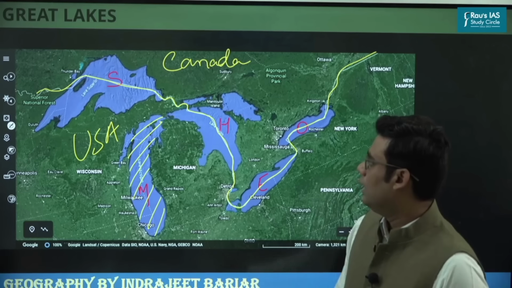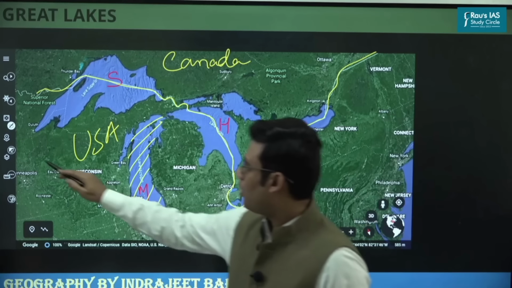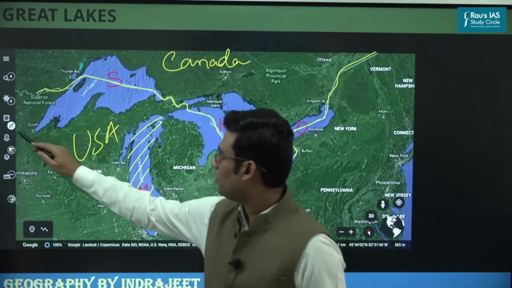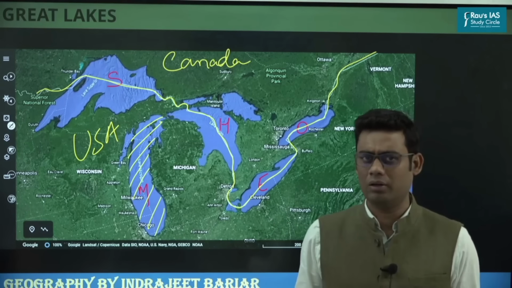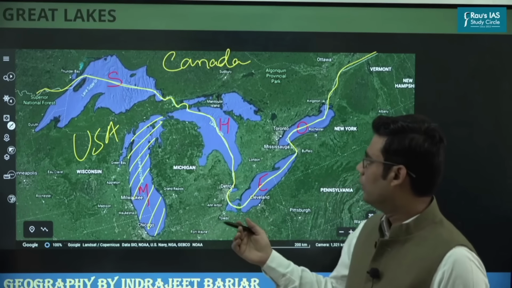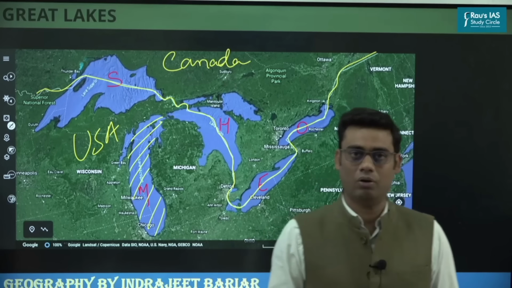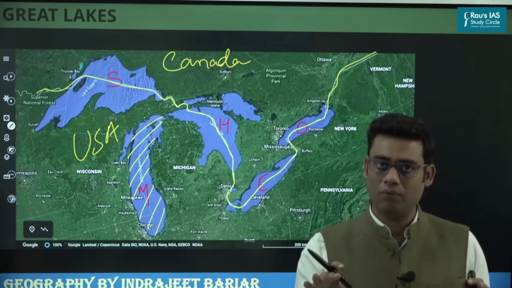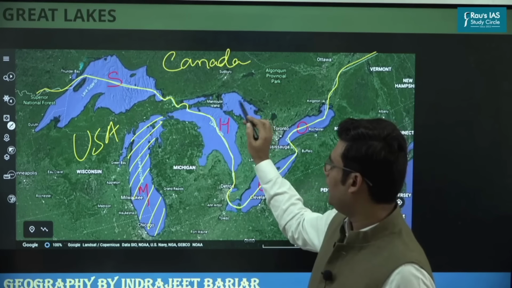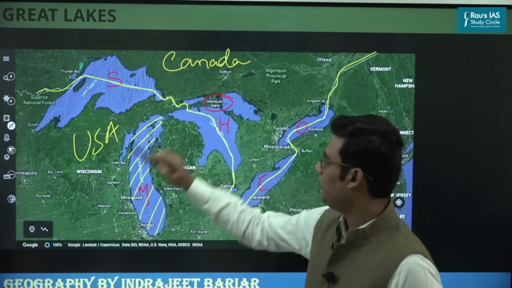Then comes Lake Huron. About Lake Huron, the important idea: Lake Huron is again a huge lake, and the most important idea is that Lake Huron has a number of lake islands, and one very well-known island in Lake Huron is Manitoulin Island.